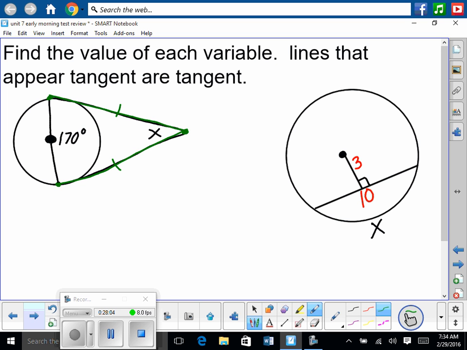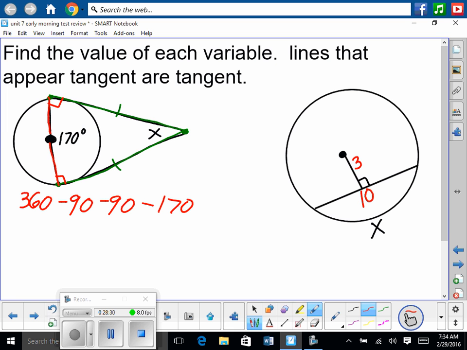Now also, a couple things to remember. If we have a radius being dropped to the point of tangency, which we do, doesn't it make a 90-degree angle for sure? And so we're dropping to the point of tangency here, isn't that 90 degrees? Now a polygon, all of the angles in a polygon should add up to 360 degrees, right? So shouldn't we do 360 minus 90 minus 90 minus 170?